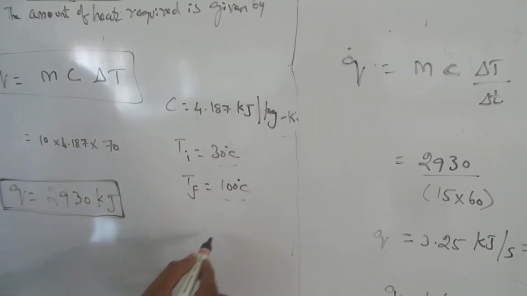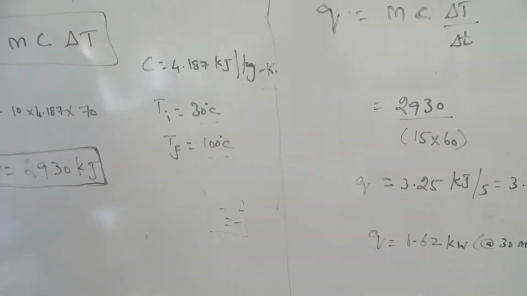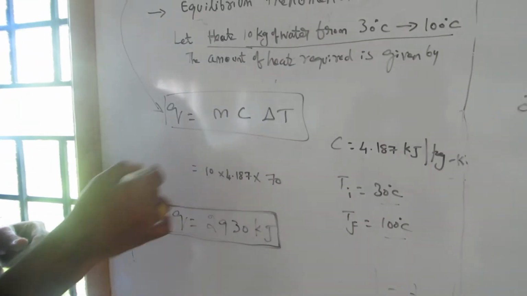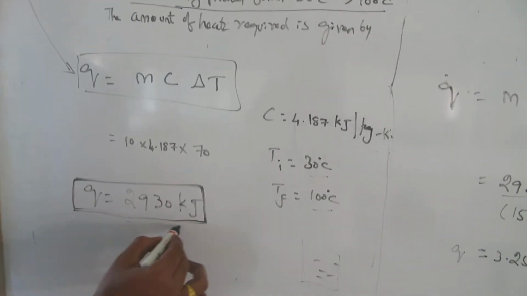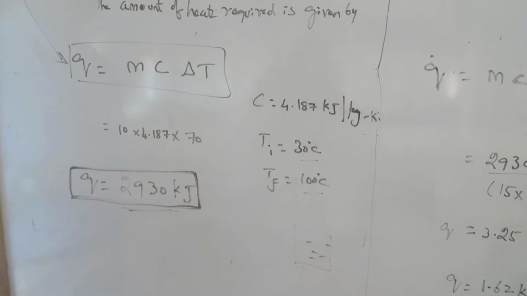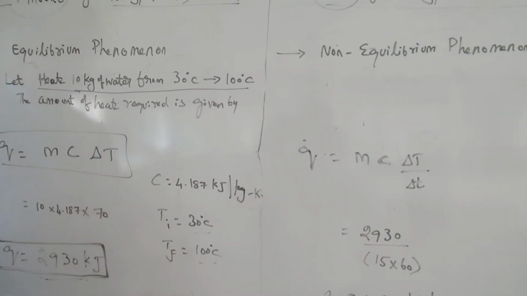So we need to heat the water which is kept in the tank, and after substituting in this formula we get 2930 kJ of heat required to heat the water from 30 degrees centigrade to 100 degrees centigrade.